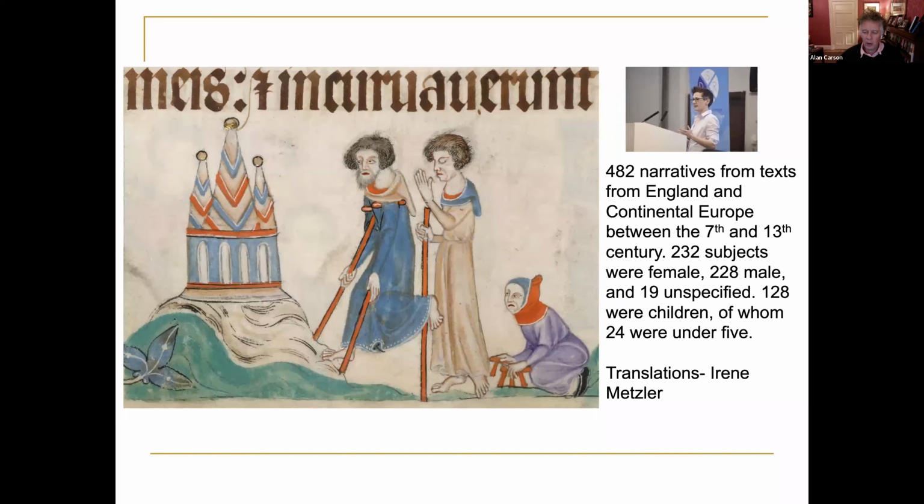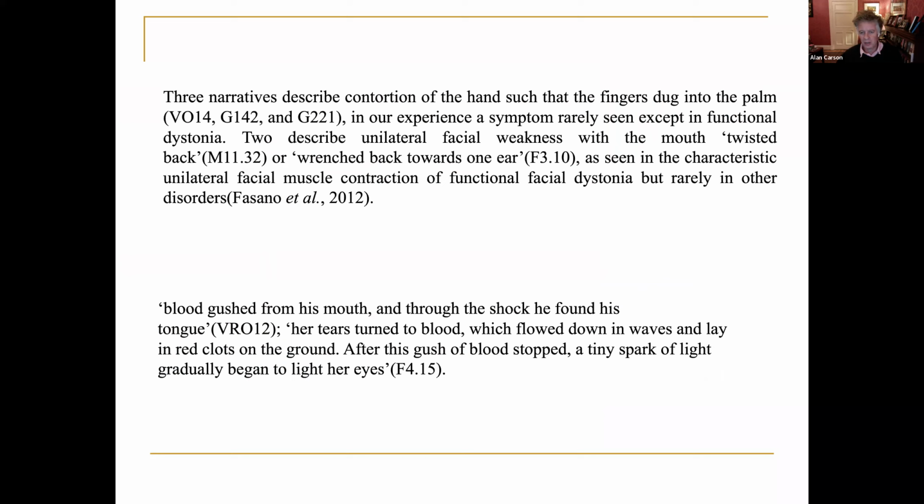And working at them, we've been through them, really just trying to find out, are there any in which you would say, look, this does sound like a functional symptom, as opposed to just a miraculous cure or a con. And I think there are some. Paper will hopefully come out soon, but here are just a few examples.